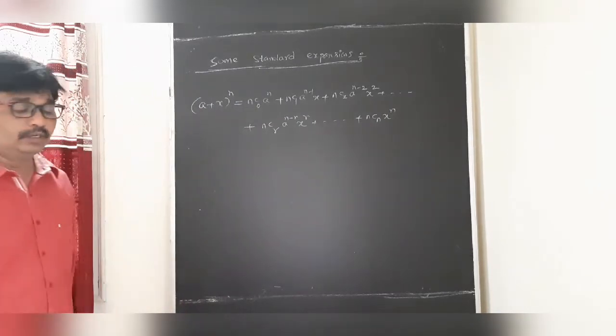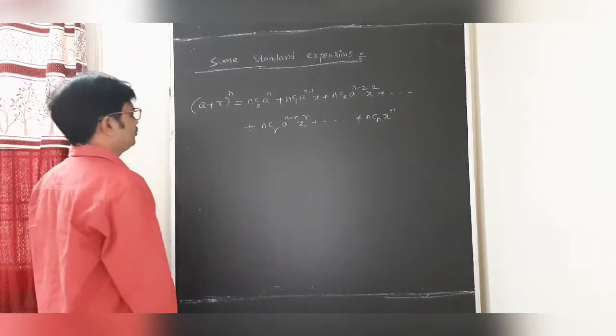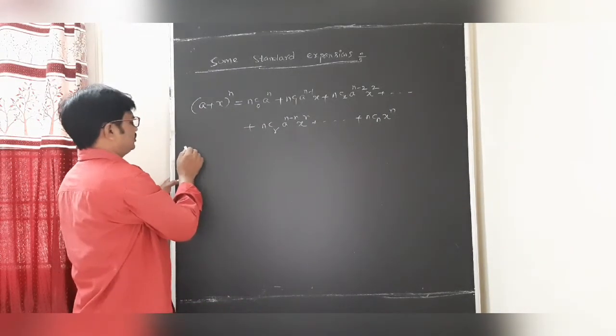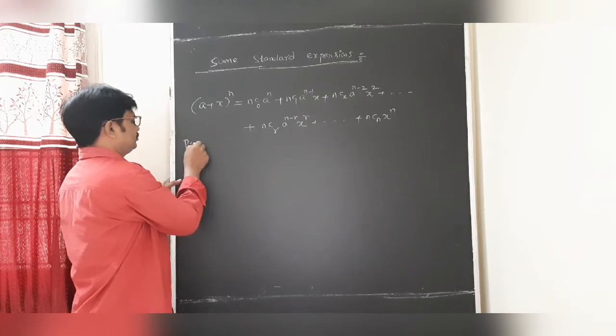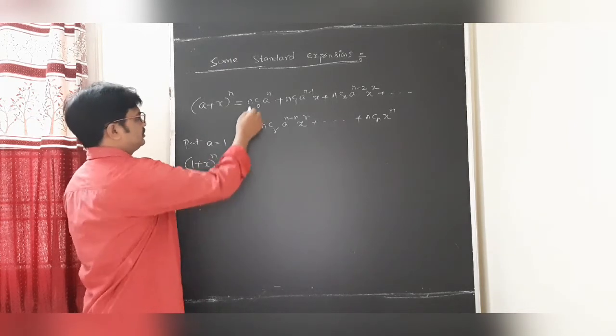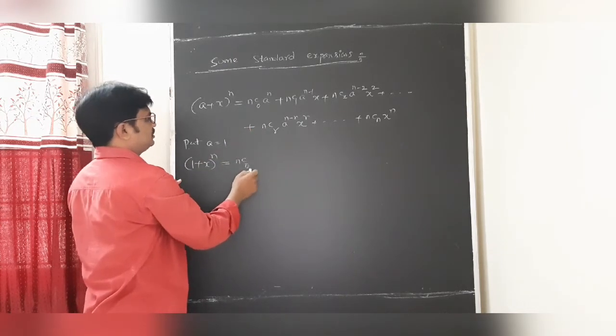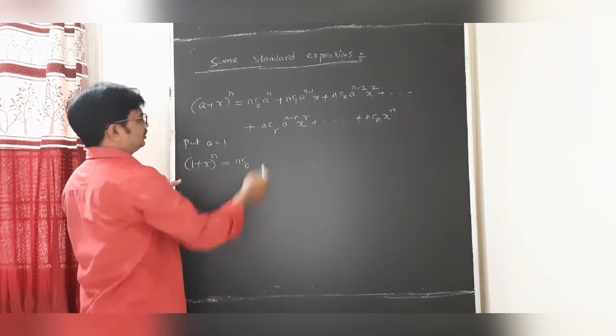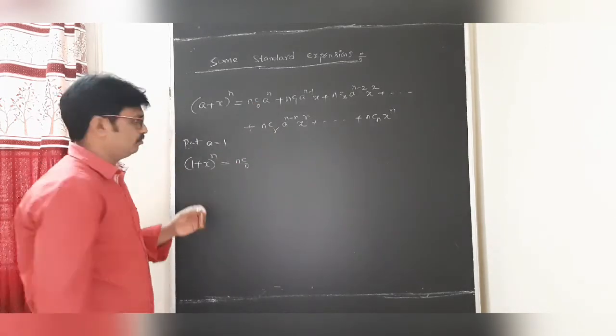Okay, students. So, my dear students, suppose we substitute a equal to 1. This is what? (1 plus x) whole power n. This is NC0, that is 1 power n, which is 1.